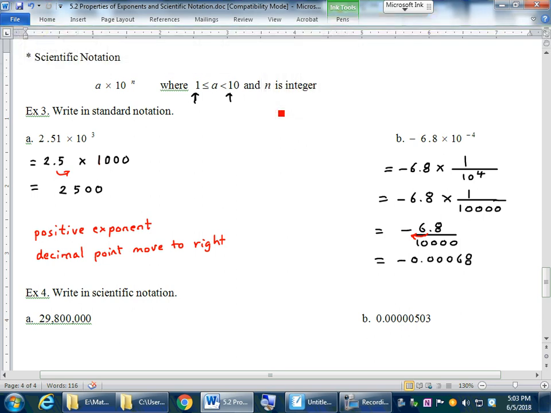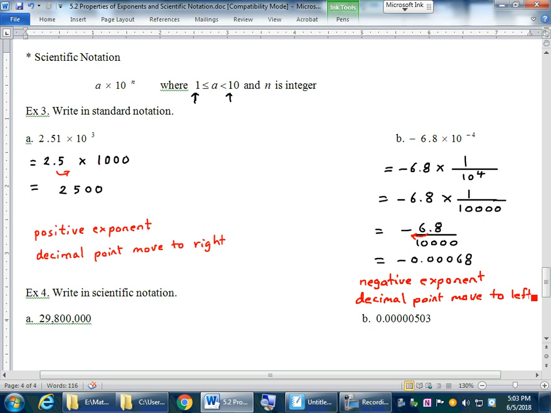If it is a negative exponent, the decimal point moves to the left. So if you understand that, then converting from a standard number to scientific notation or scientific notation to a standard number is the same thing.